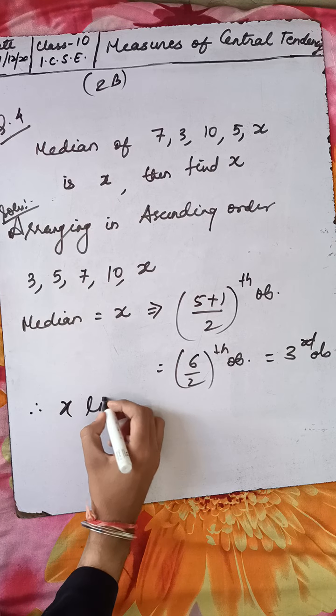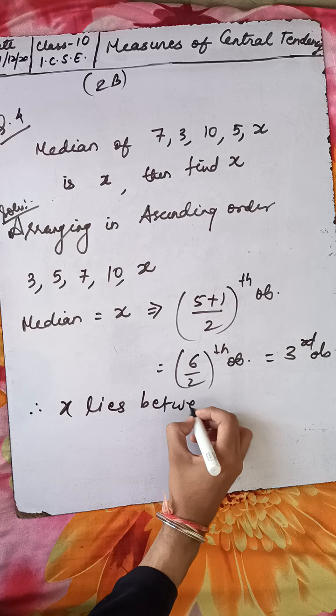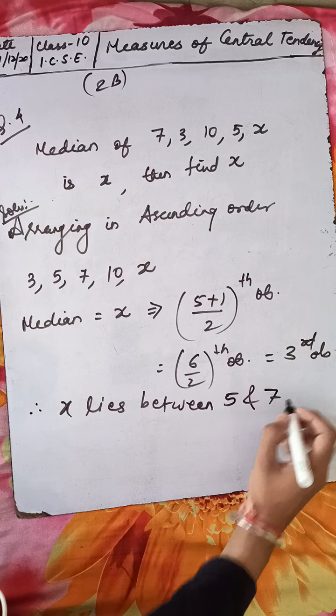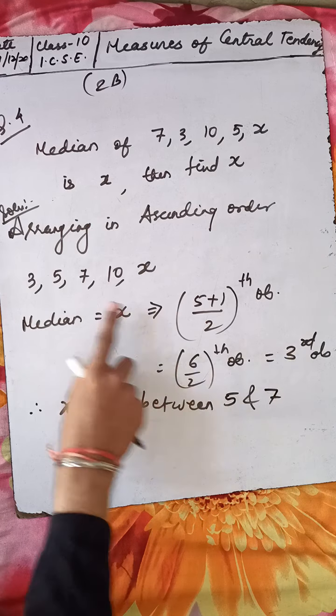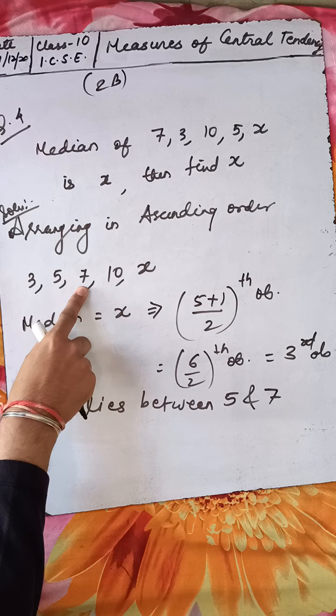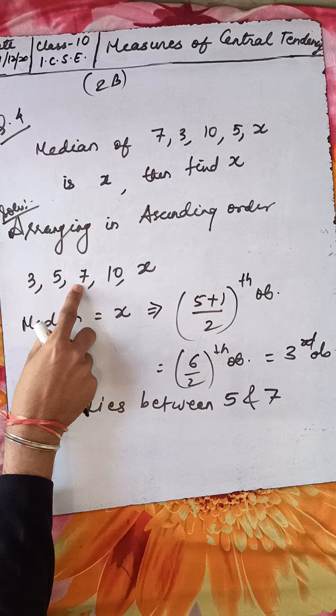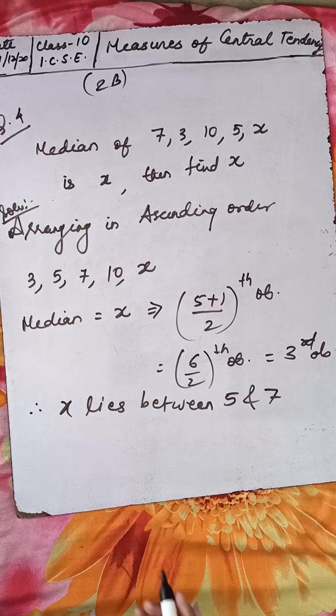Since x lies between 5 and 7, because the third observation is 7, whatever be the median, it must lie between 5 and 7, according to the median concept.